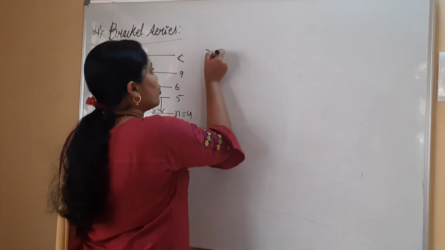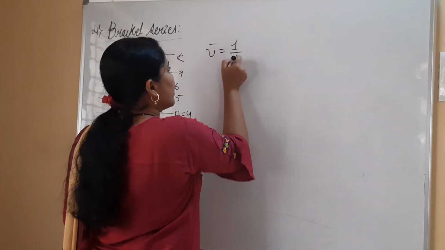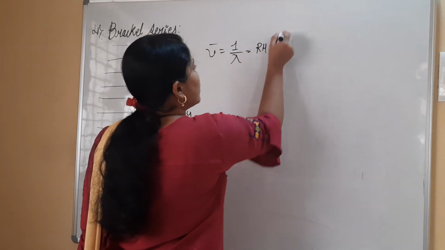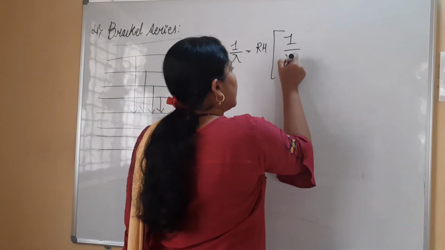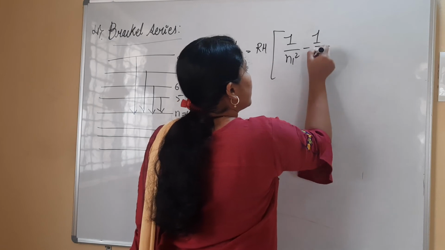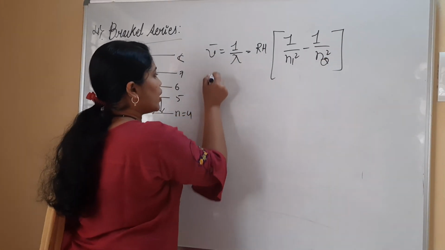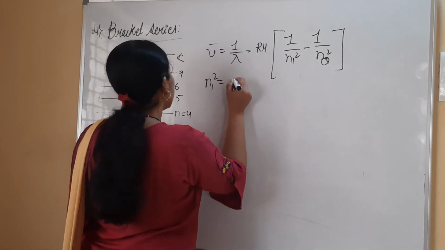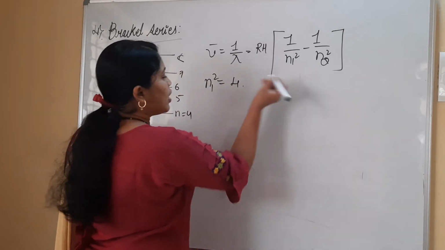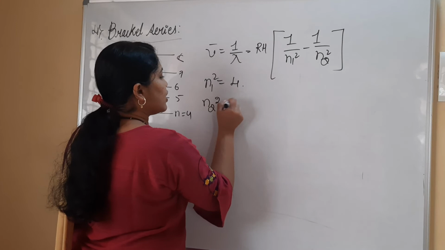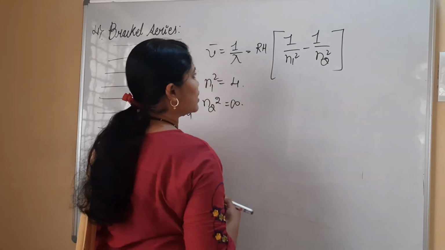Now see here, nu bar value is nothing but 1 by lambda equal to RH times 1 by n1 square minus 1 by n2 square. If you substitute n1 square, we all know it is 4 square, and n2 square we can consider infinity.